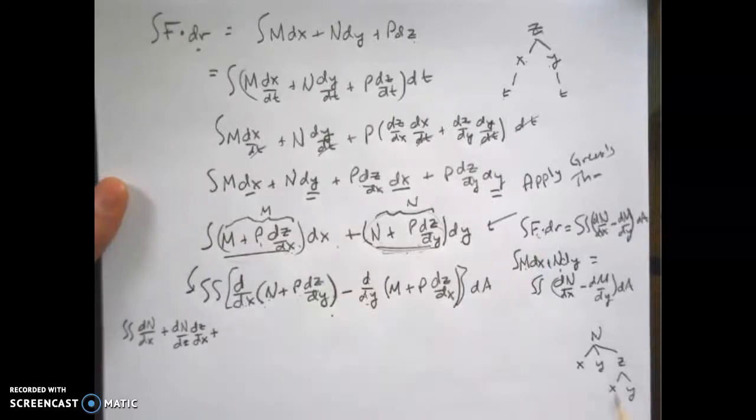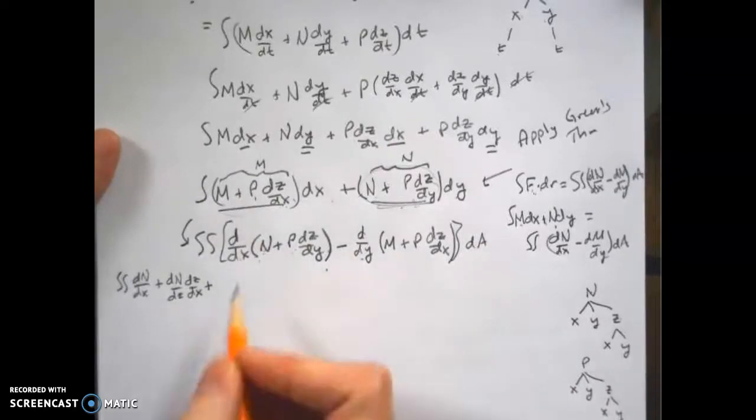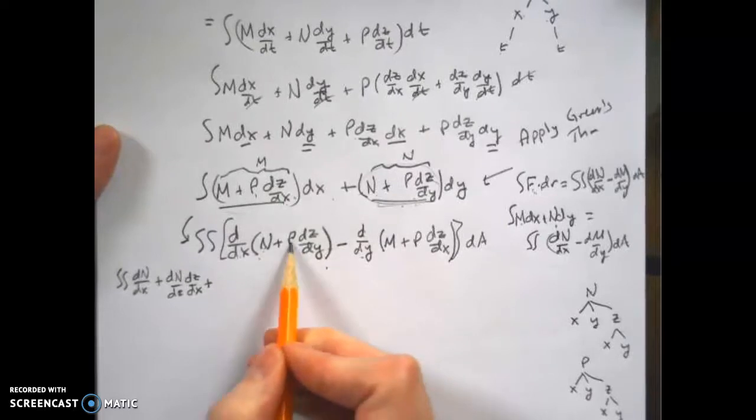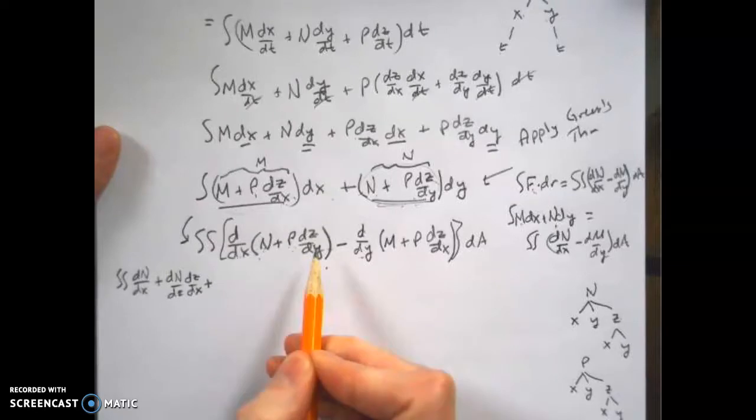Again, p is a function of x and y and z. z is a function of x and y. So I'm going to take the derivative of the first times the second plus the first times the derivative of the second.